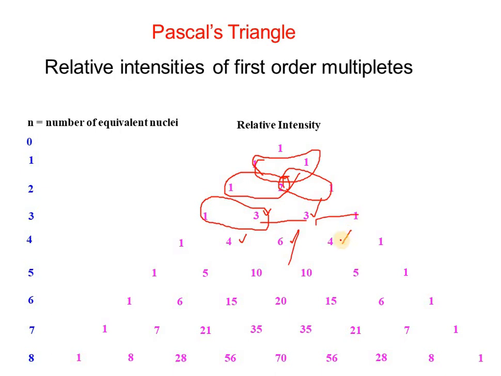We can easily write the intensities in which the peaks in a signal can be present.